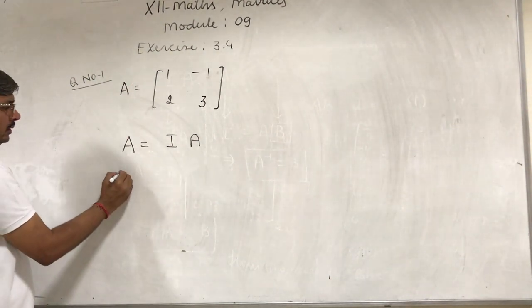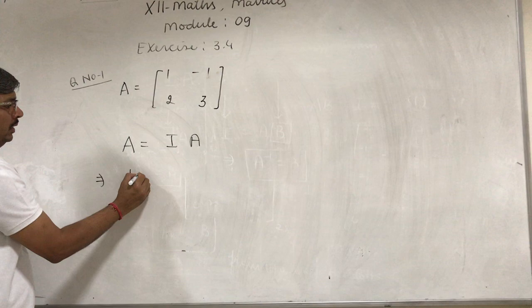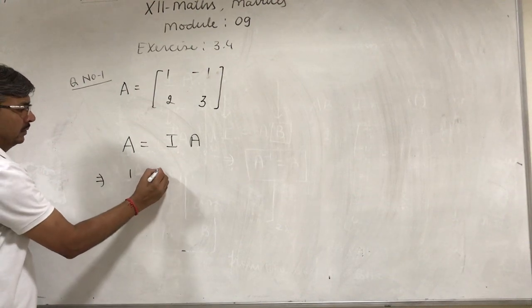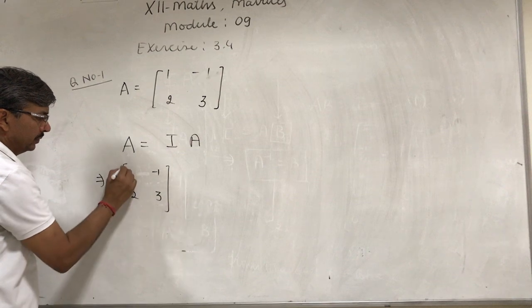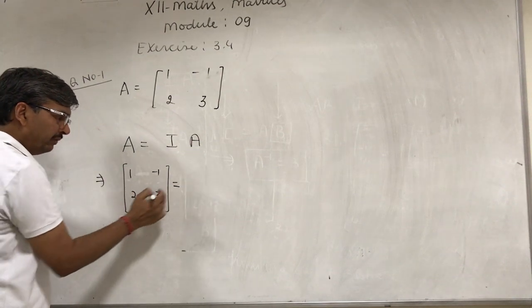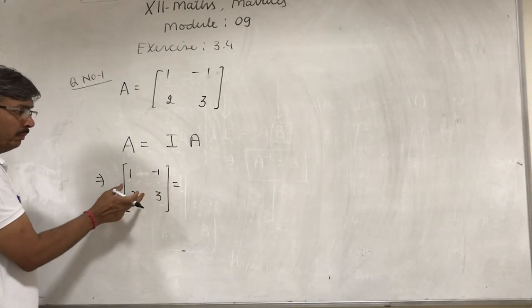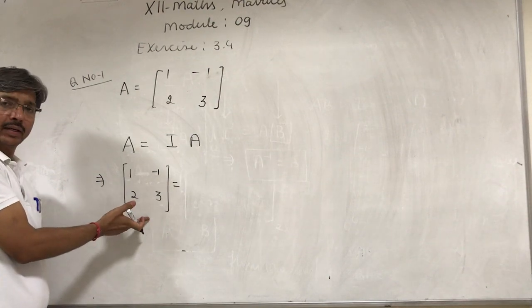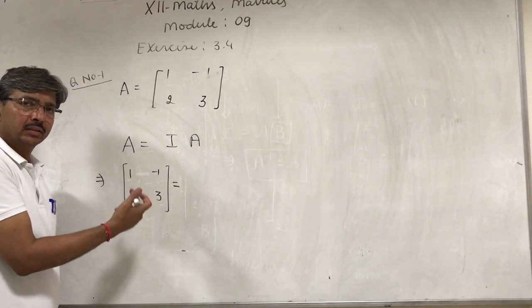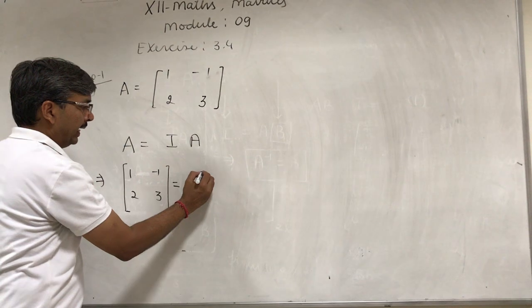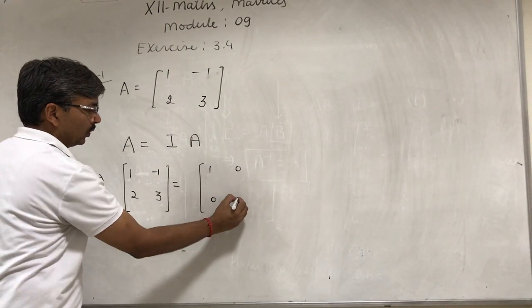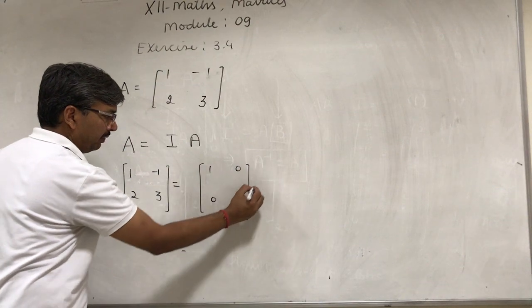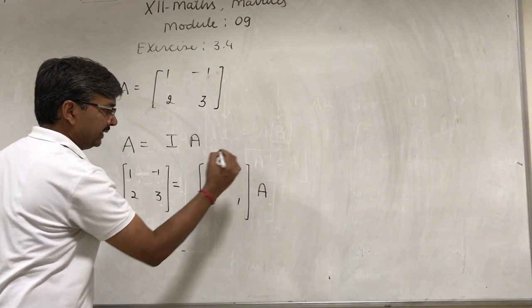A is [1, -1; 2, 3], and I will become the identity matrix of the same order as A, that is [1, 0; 0, 1], and we will write A as it is.